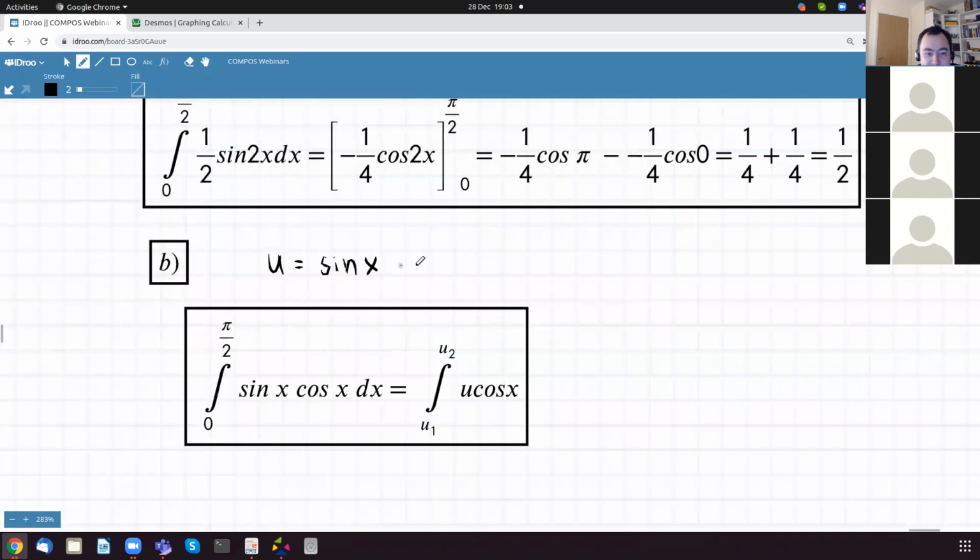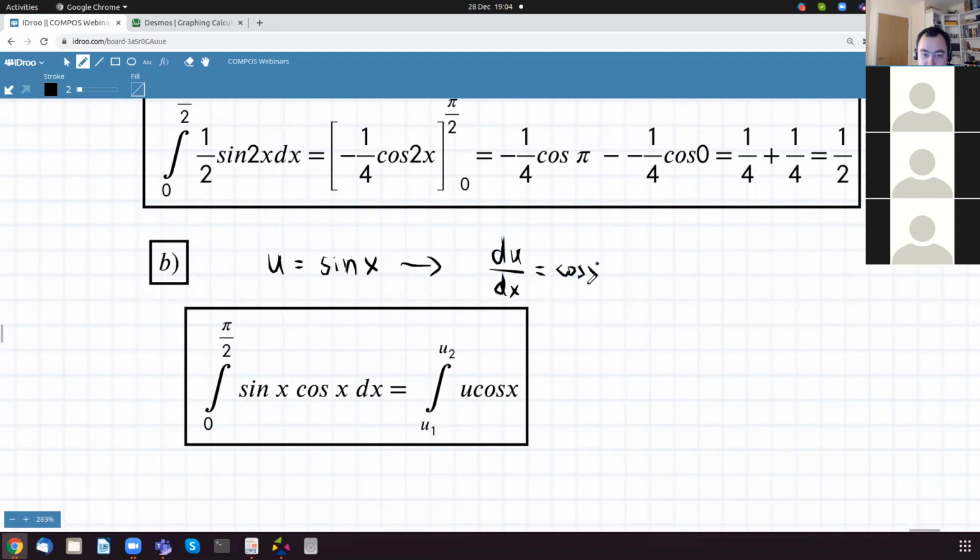So from here, I will find the derivative of u. So du dx. The derivative of sine x is in fact cos x.